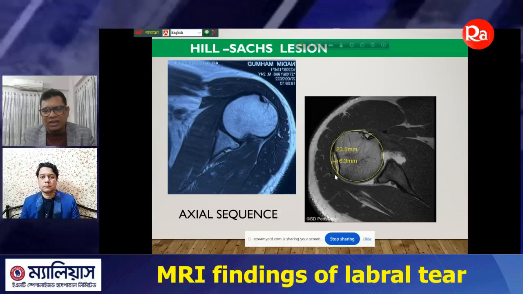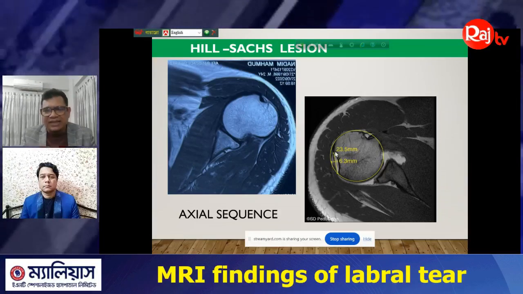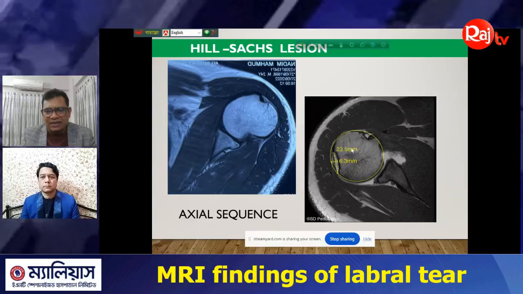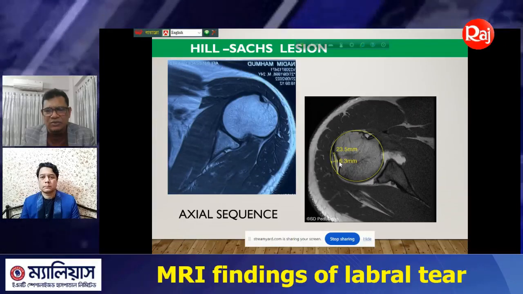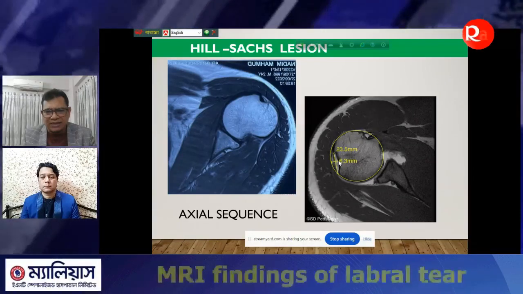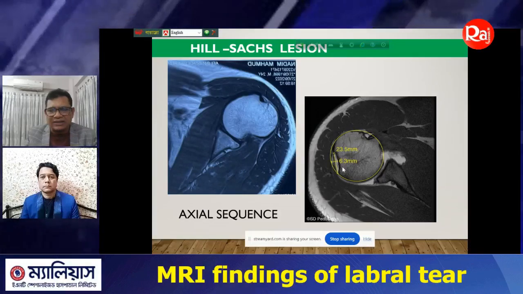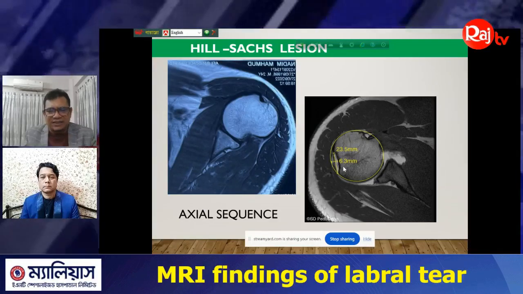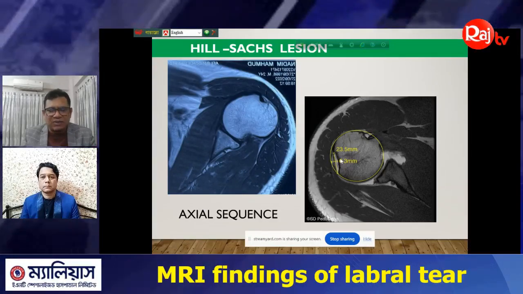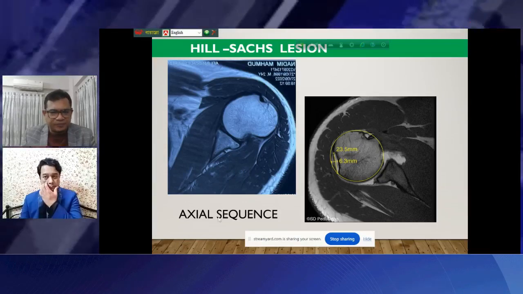In this slide, the axial cut section, we also see the breadth and length of the Hill-Sachs lesion at the posterolateral part of the humeral head by assessing, and from that the total percentage of bone loss from the humeral head can be detected.